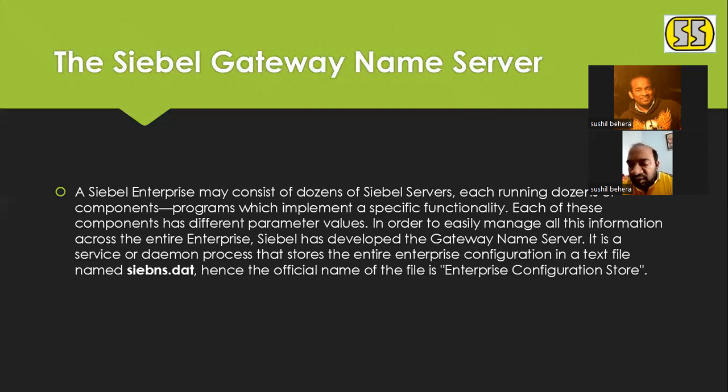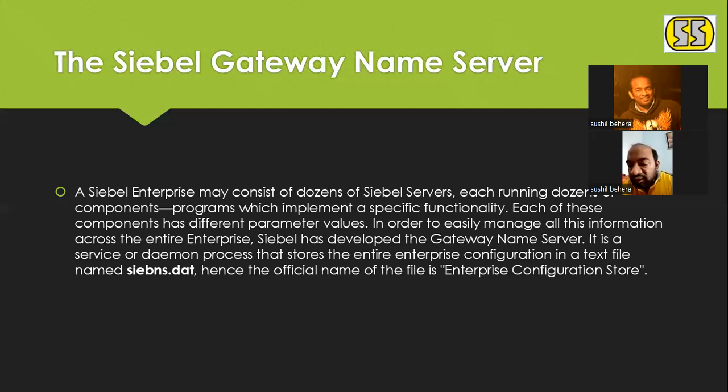Let's say I bring down the Siebel server and gateway name server, and then while bringing up, I bring up the Siebel server first, then the gateway name server. It will give us an error and will not allow us to get it up. Why? Because when a Siebel server comes up, it requires the component parameter details. And who stores these details? The gateway name server, the cbeans.dat file.